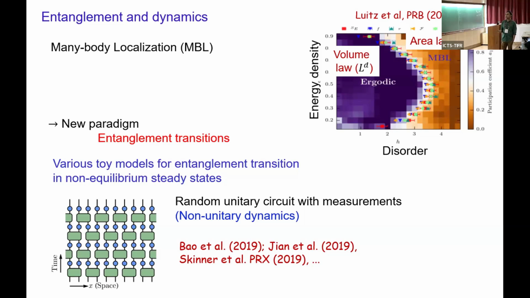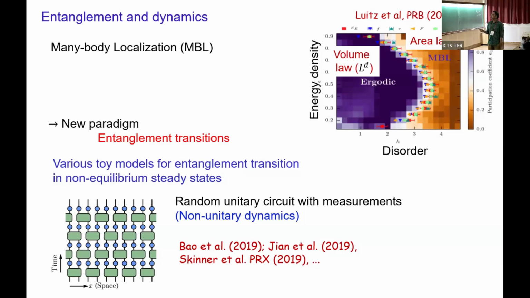Here, by tuning the strength of the unitary evolution and the measurement, you can tune entanglement transitions from volume law to area law. Okay, so this has led to completely new paradigms. These systems give interesting critical points, with some interesting CFT-type behaviors. So this has led to a lot of work in this field, basically characterizing things using entanglement.